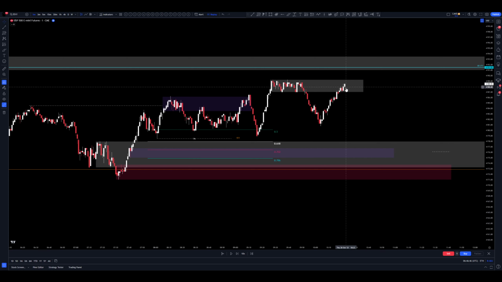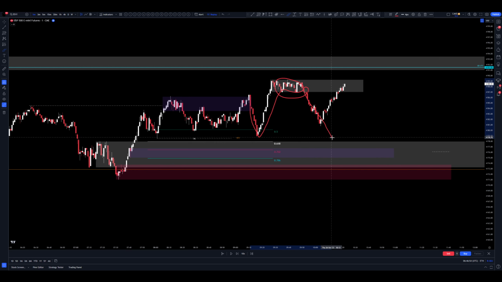I didn't take it because I didn't see what I would ideally have wanted: you get that area of supply and then you break that low. You show that there's some intent, even with a wick, some sign that it was a strong area of supply, and then you come up. That would have been 100% a short for me. But you'll see in a second that it gave us the signs that the short was there anyway.